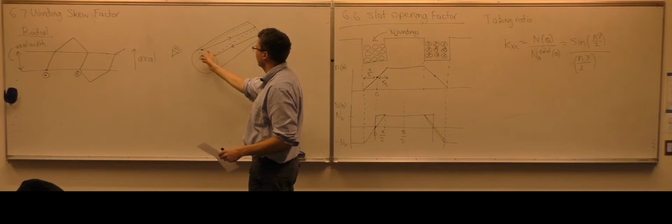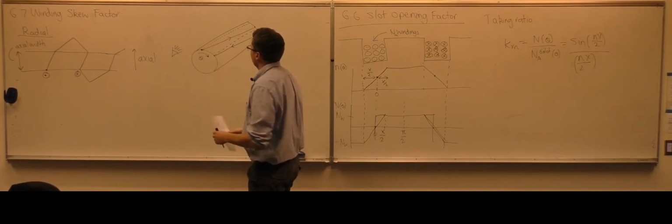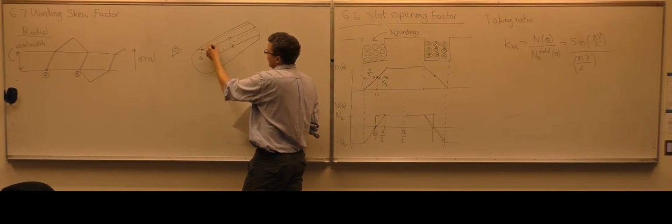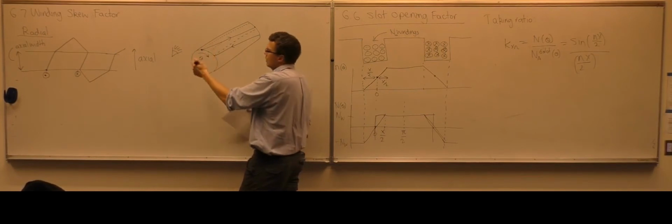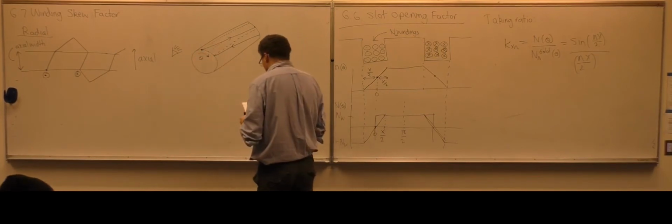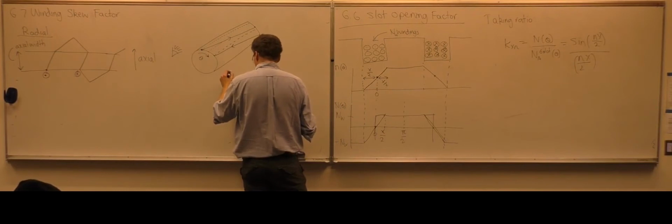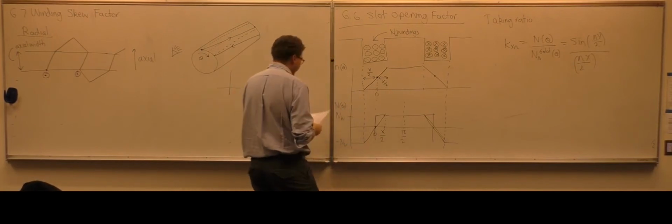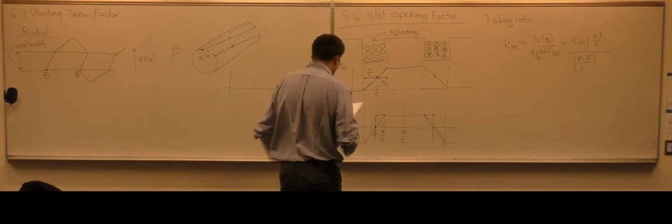As you go around, you would still see part of the winding. If you're at this point here, you're still going to see, assuming you could look through the metal, some of the winding. So therefore, how we could model that is just like what we did here.